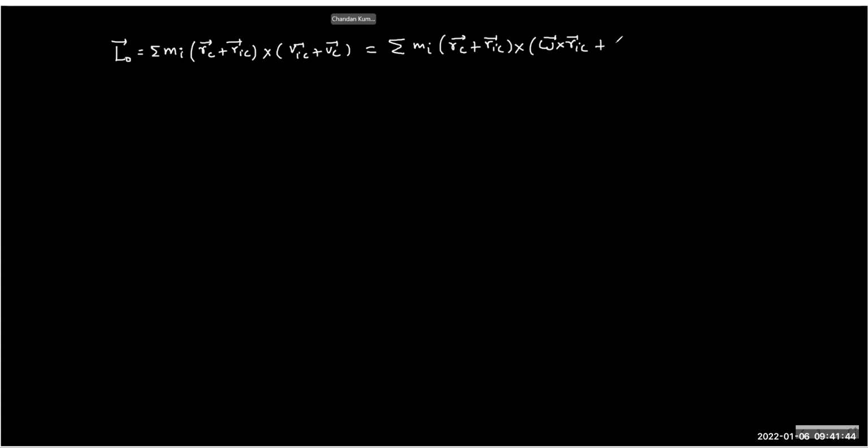So finally, L about O we got as summation of mi Ri, which was Rc plus Ric, cross Vi, which was Vic plus Vc, but I will further write as summation of mi (Rc plus Ric) cross (omega cross Ric plus Vc). There are so many terms to be multiplied.